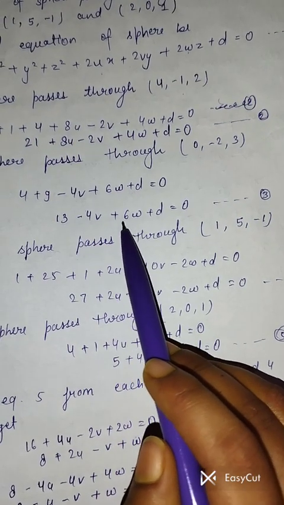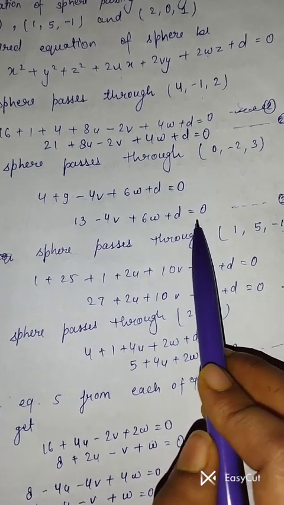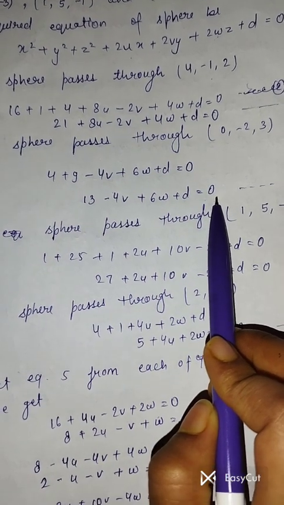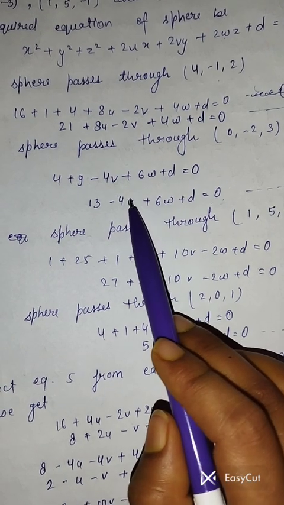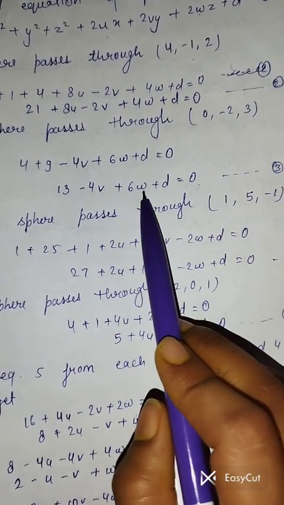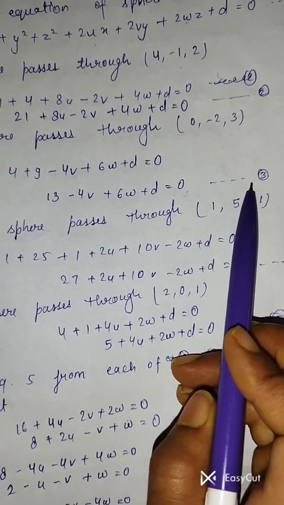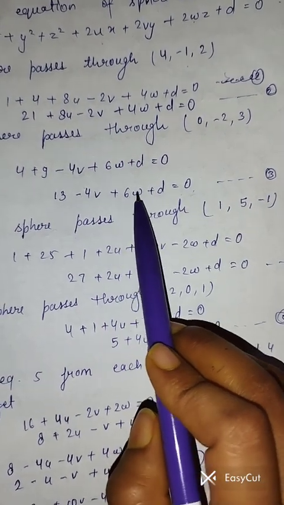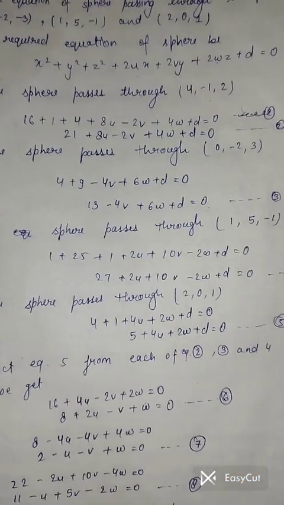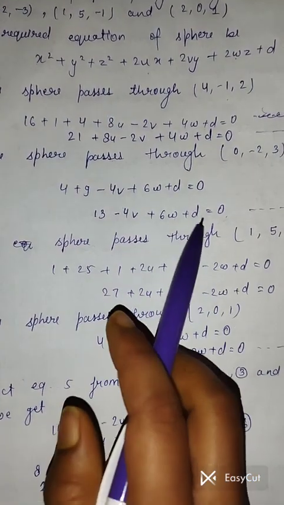Now from equation number 3 we have 13 minus 4v plus 6w plus d is equal to 0. We have only the values of v and w to put in equation number 3. Now we will put the values of v and w in this equation for finding the value of d.